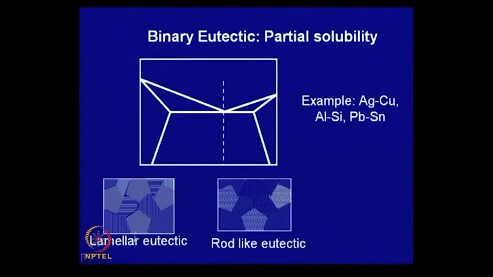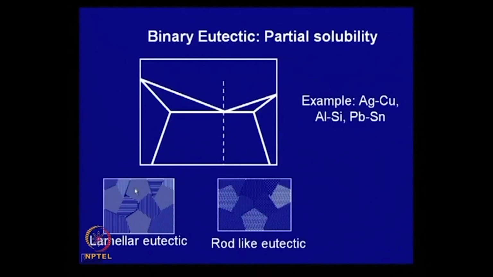Look at one type of structure in a eutectic, say this alloy. Here it is totally liquid, and once solidification is complete, you will have a structure which is really an intimate mixture of two phases, alpha and beta. Suppose alpha solidifies, the surrounding liquid becomes rich in beta, so automatically beta solidifies.